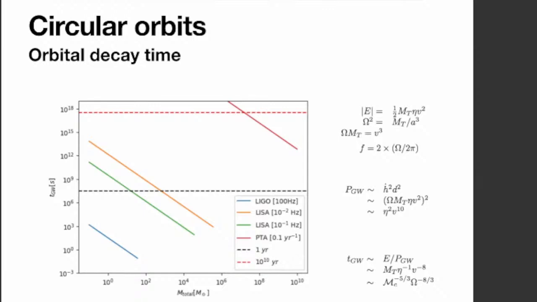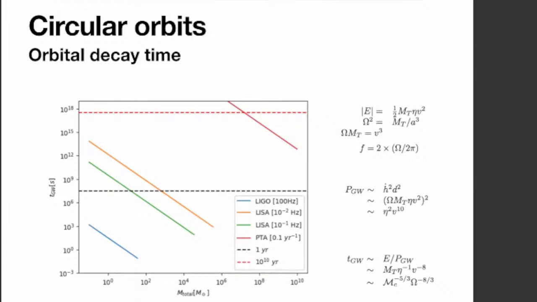For pulsar timing arrays, some of them will merge in the age of the universe, some won't, but nothing happens in a human time scale. So a source for these pulsar timing arrays is going around, and for all practical purposes the frequency is fixed. It is losing energy, but so slowly that in a human time scale we will never notice, okay?